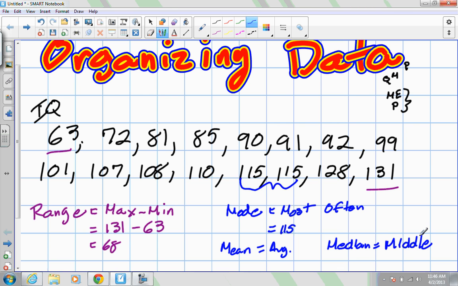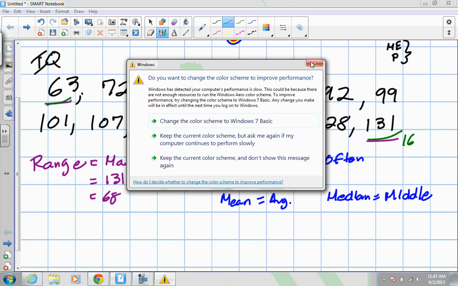Now, first off, what we need to figure out is how many terms there are here. How many, Zidane? Good. Thank you. 16. There are 16 terms here. Okay? And what we're going to be doing is splitting them into quartiles, they're called. So this is going to be important for you guys, quartiles.